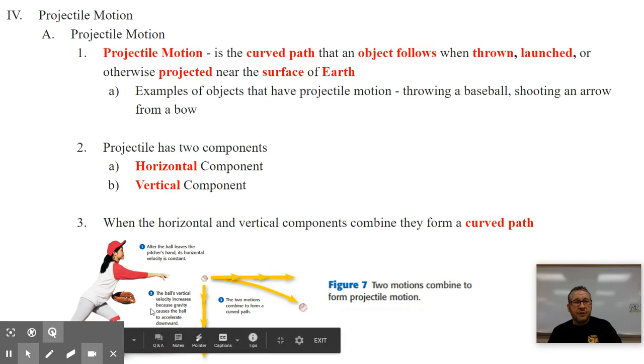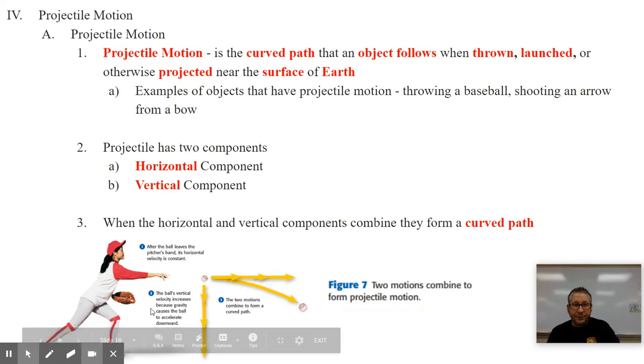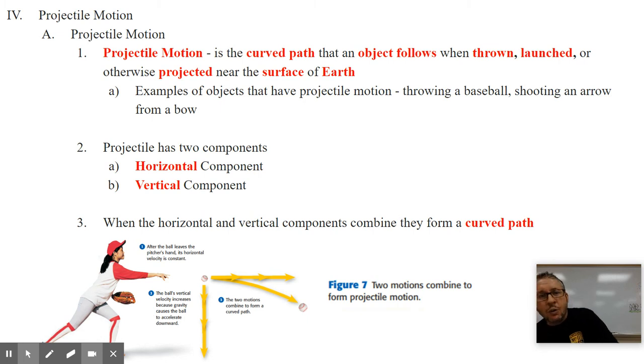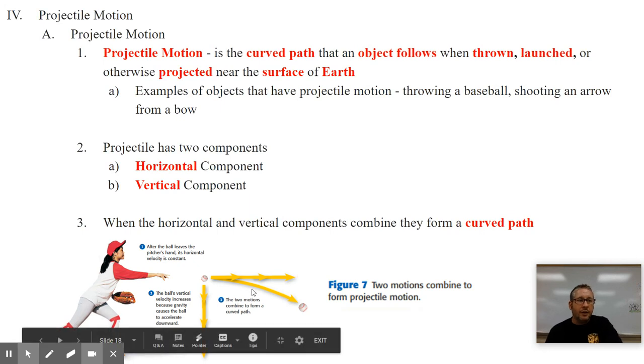Next, the ball's vertical velocity increases because gravity causes the ball to accelerate downward. And when you have these two components, the horizontal and vertical, you get this overall motion that makes a curved path, or a projectile motion is a curved path.